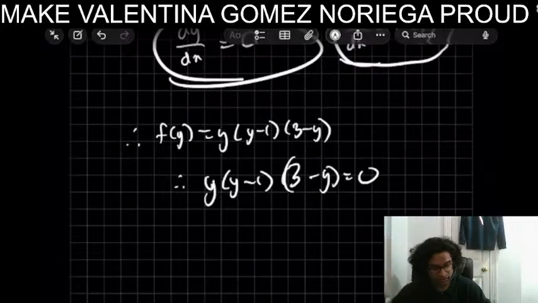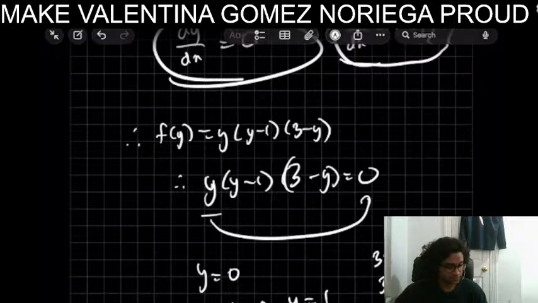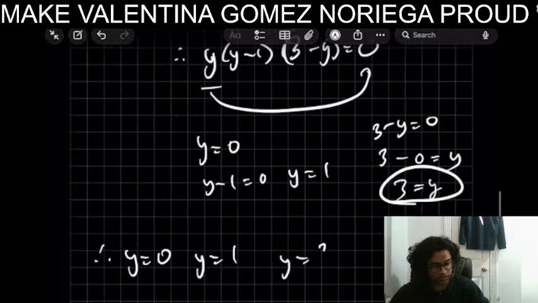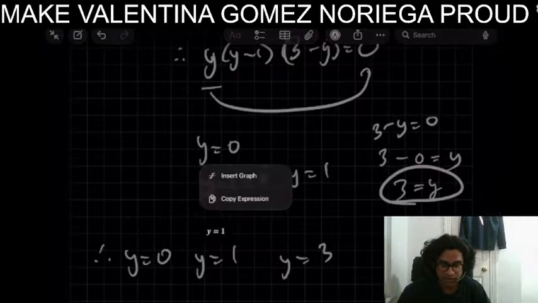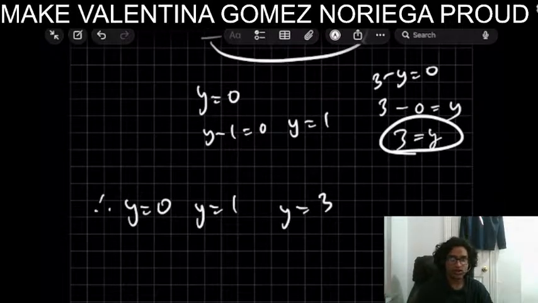If you can't, no worries. y is equal to 0. y minus 1 is equal to 0, so y is equal to 1. 3 minus y is equal to 0, so y is equal to 3. So we have y equals 0, y equals 1, y equals 3. These are our y values for when we can observe the critical points.